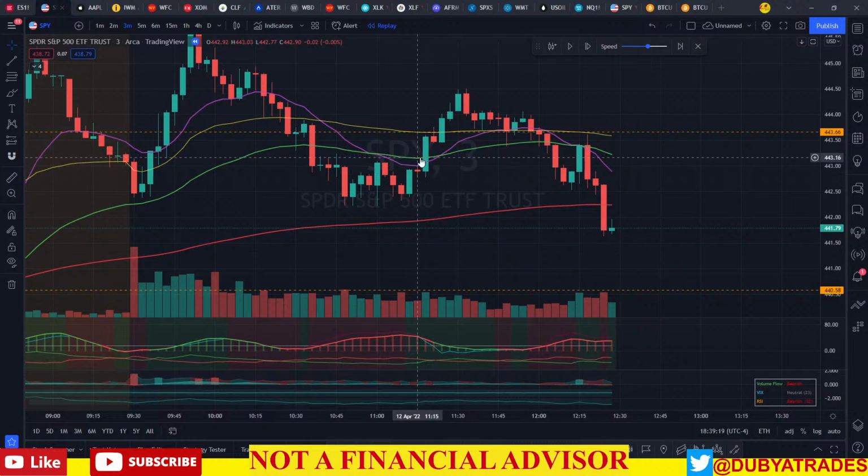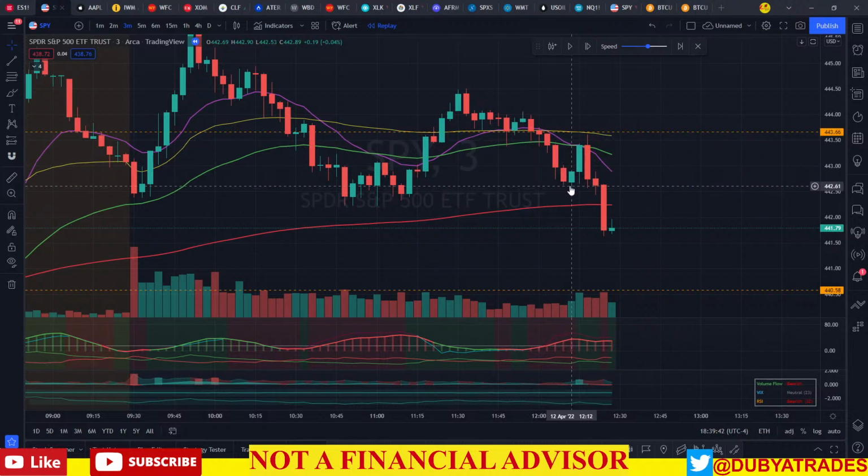Now, if we would have entered whenever it crossed the 50, we would have seen over $1 to when it started rejecting. Then, let's say we get our engulfing candle, even if we wait for it to break VWAP, which is a smart move, we enter here, that is 443. We wait for it to come down.